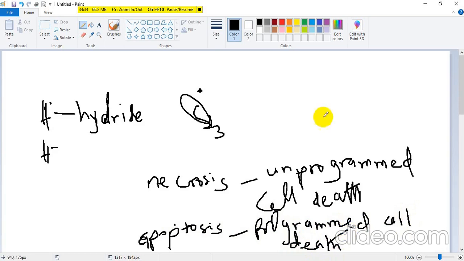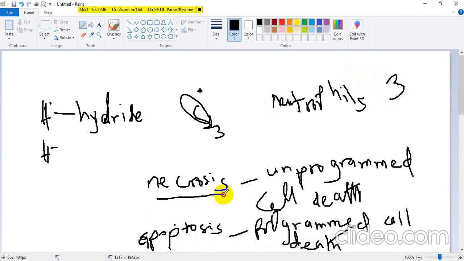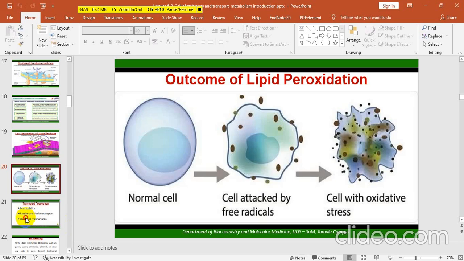Some white blood cells called neutrophils are programmed to die within 3 days, and they mediate inflammation reactions. So programmed cell death is called apoptosis. Unprogrammed cell death or premature cell death is called necrosis.